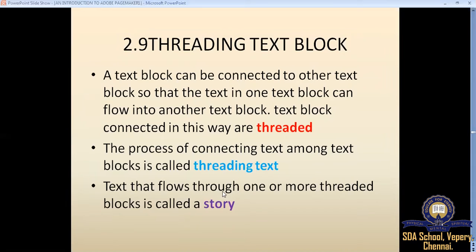Text that flows through one or more threaded blocks is called a story. So you can understand what is a story. If the text from one text block moves to another text block, that moving of the text is called what? Story. Once two text blocks are threaded, a story is created.